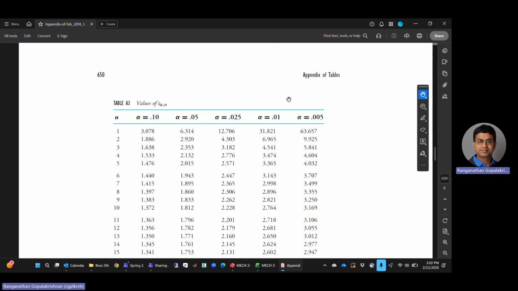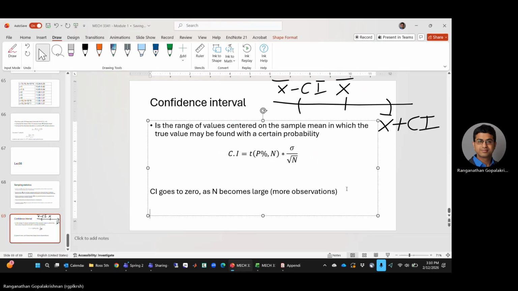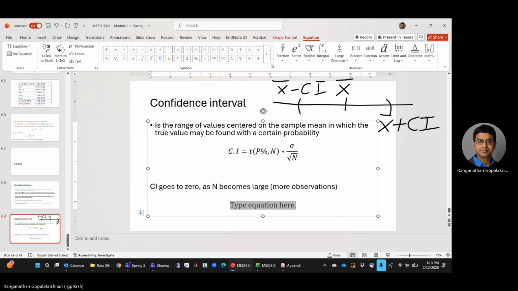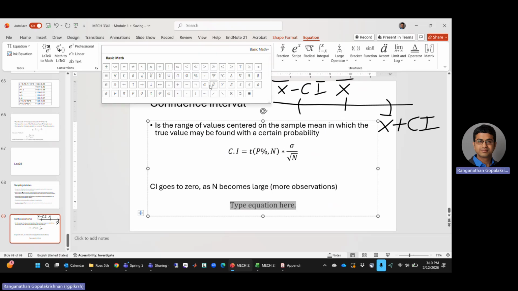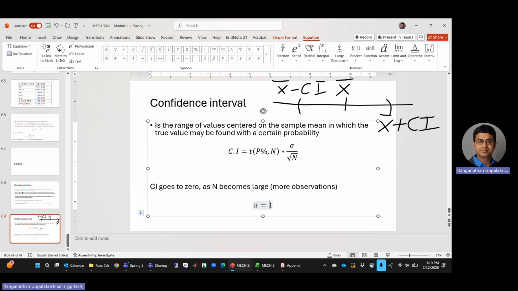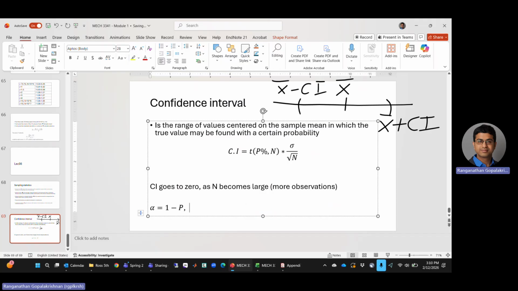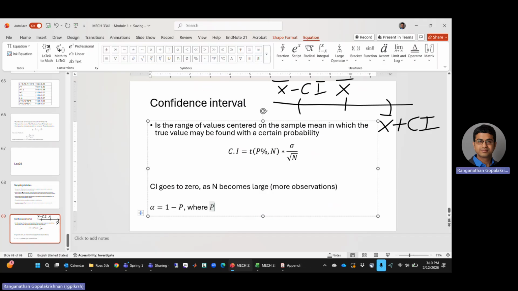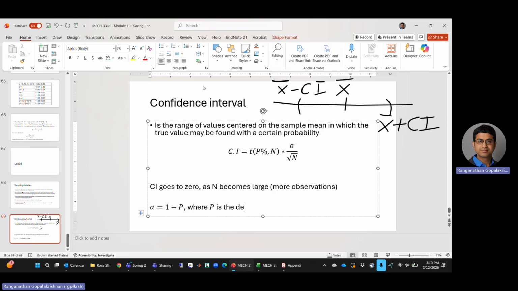For n equals 1, 2, 3, 4, we have 5 columns in which we say alpha of different values from 0.1 to 0.005. This alpha is defined as 1 minus p, where p is the desired confidence level.